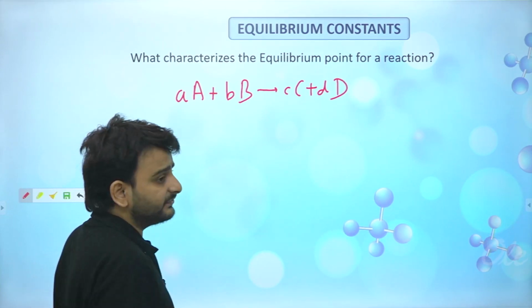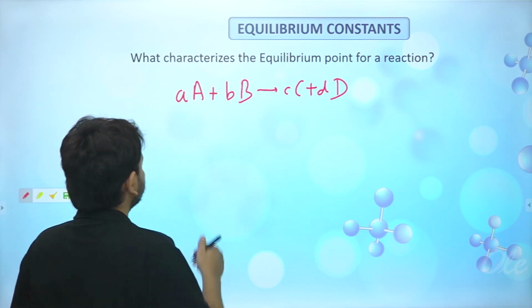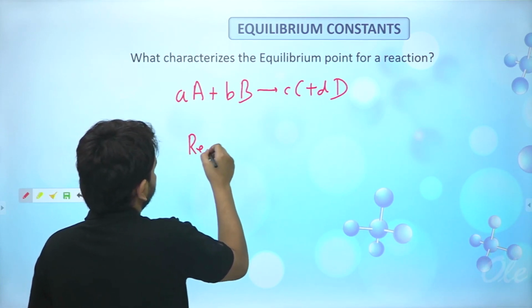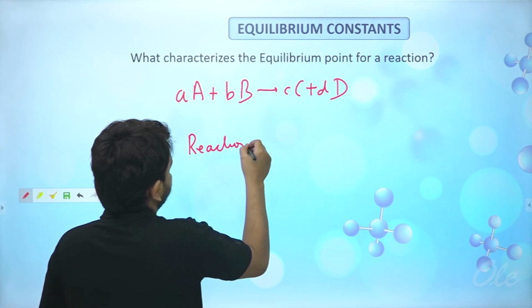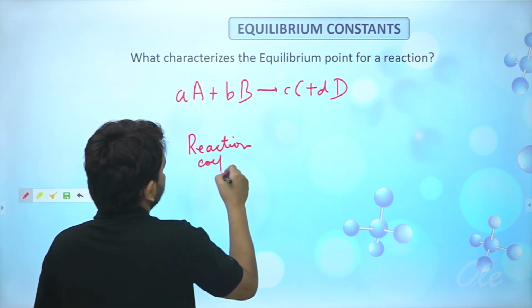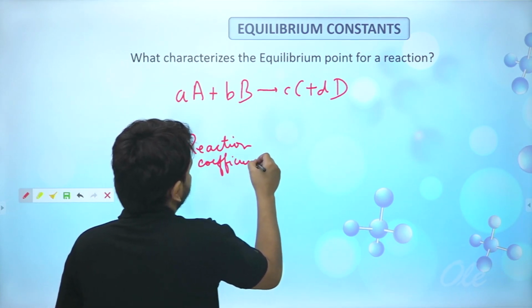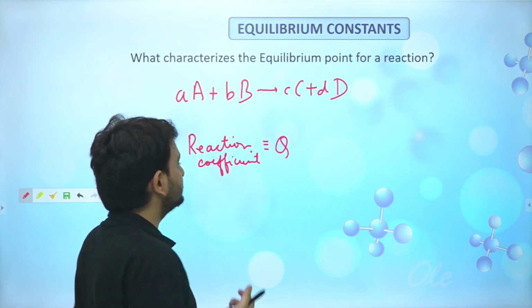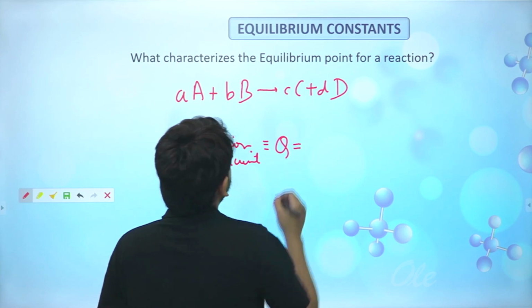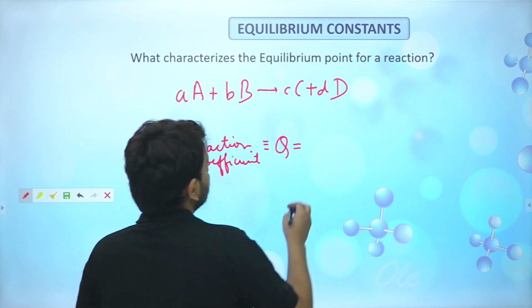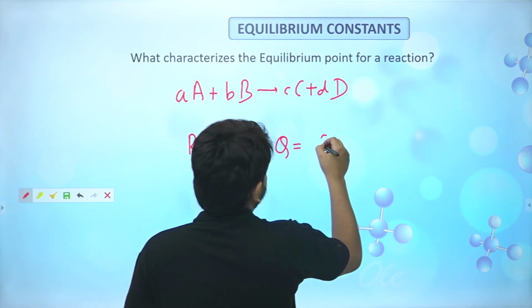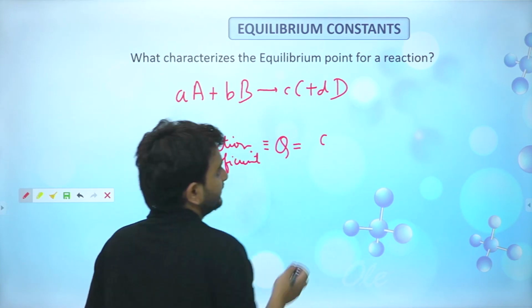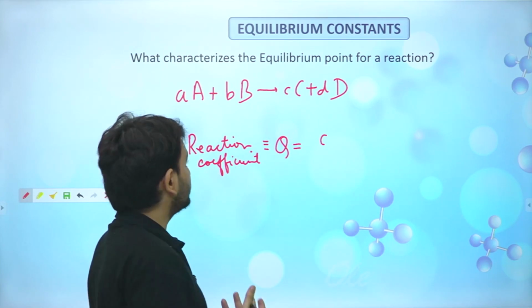So what we define as the reaction coefficient, guys, it's defined by Q, right? The term used is Q, the reaction quotient. It will be the concentration of C, the products, raised to the power of their stoichiometric coefficients.